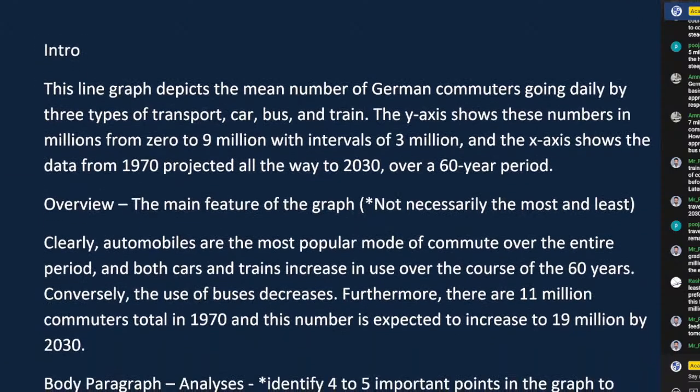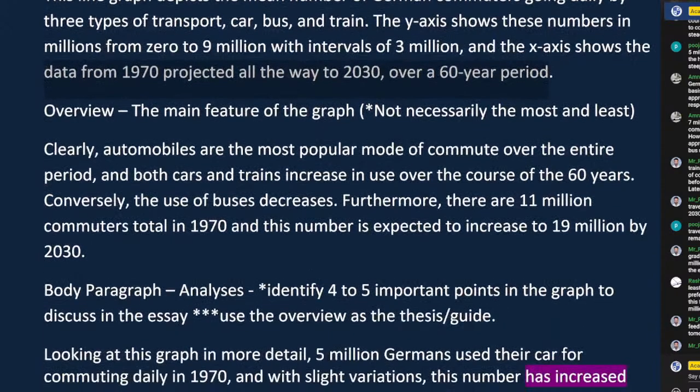Okay, so this line graph depicts the mean number of German commuters going daily by 3 types of transport: car, bus, and train. The y-axis shows these numbers in millions from 0 to 9 million with intervals of 3 million. And the x-axis shows the data from 1970 projected all the way to 2030 over a 60-year period.